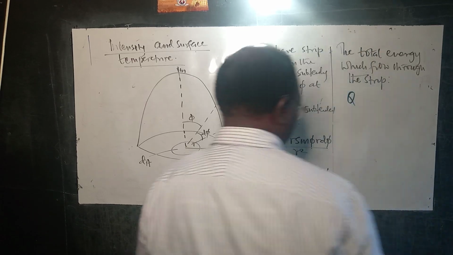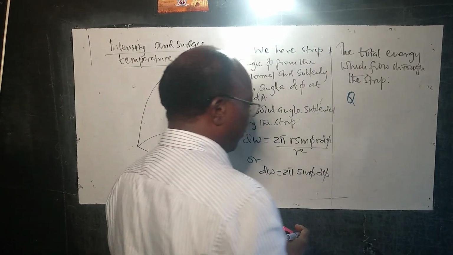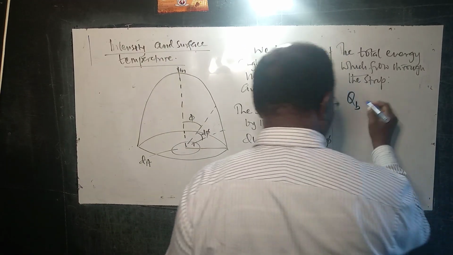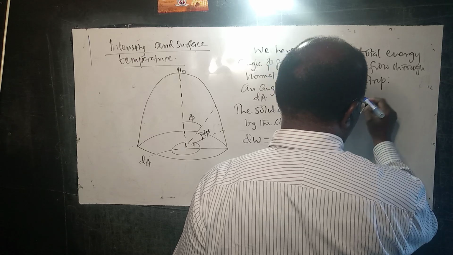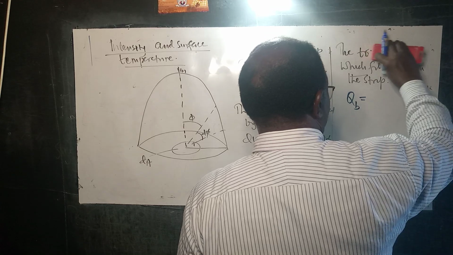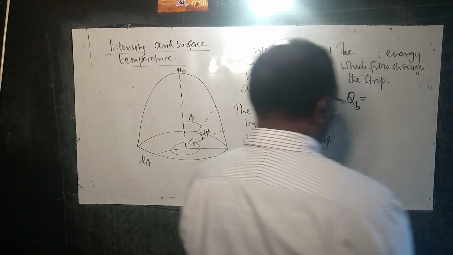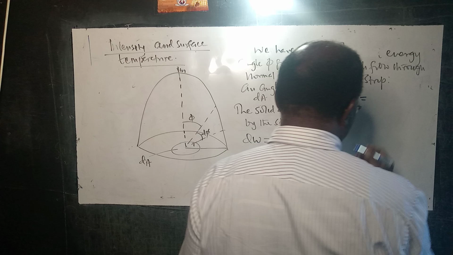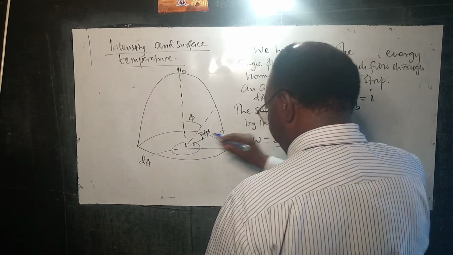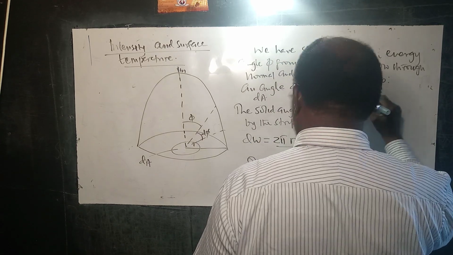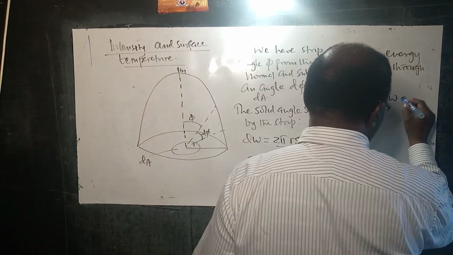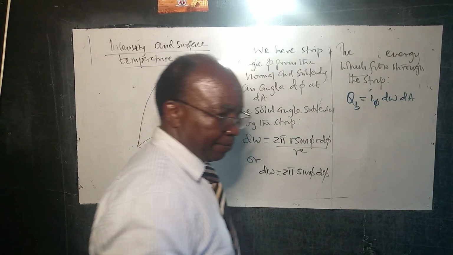Q, which flows through the strip, will be given by Q B, and that will be given by I phi d omega dA.